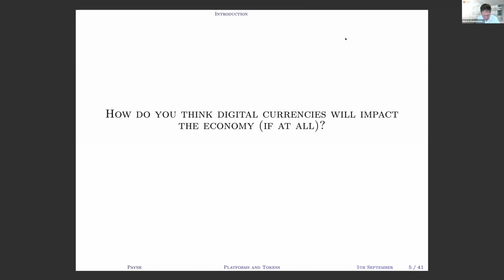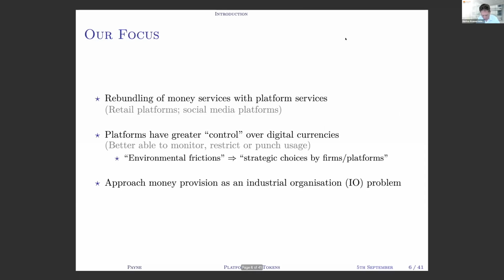Okay, so these are all good comments, and particularly the last one, I think that's a little bit the direction where we're going to head here, although in slightly more detail on the IO side. So I think the focus Marcus and I have really taken to thinking about digital currencies is two main things. One is the sort of rebundling of money services with platform services.